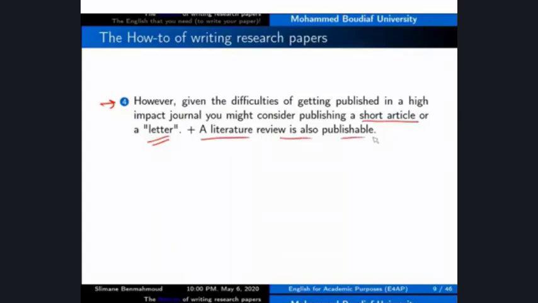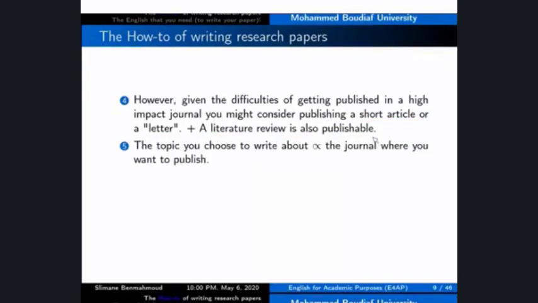It means you can write a paper that is just the literature review, and this could be publishable. The topic you choose to write about should be related to the journal where you want to publish, which is evident.